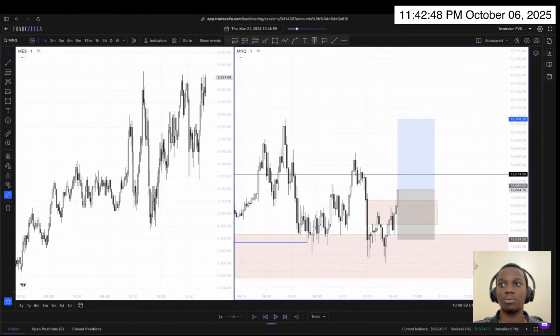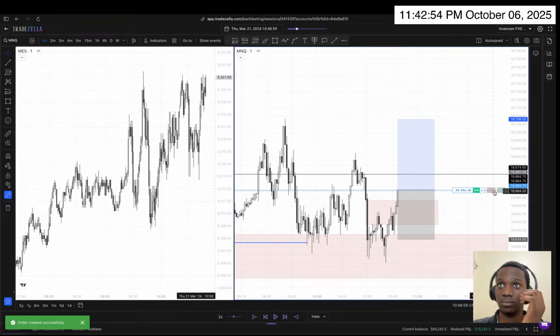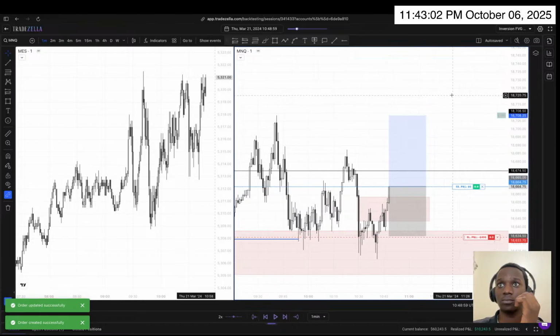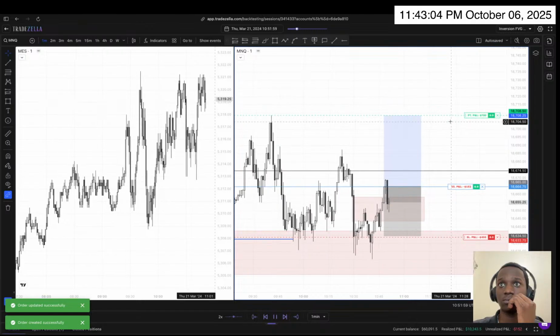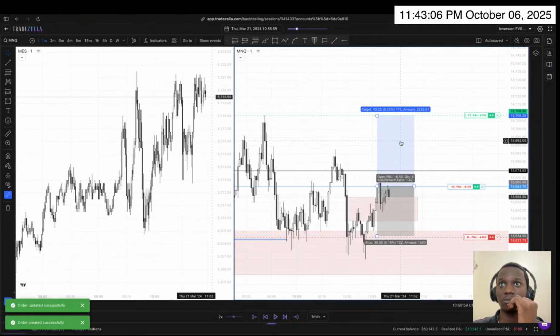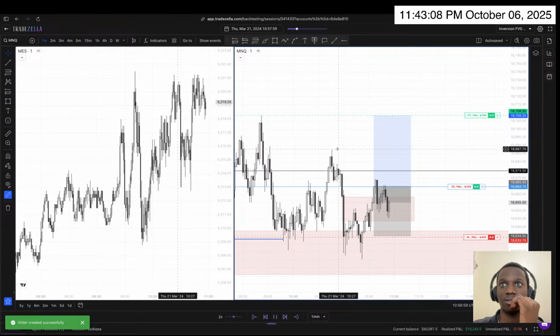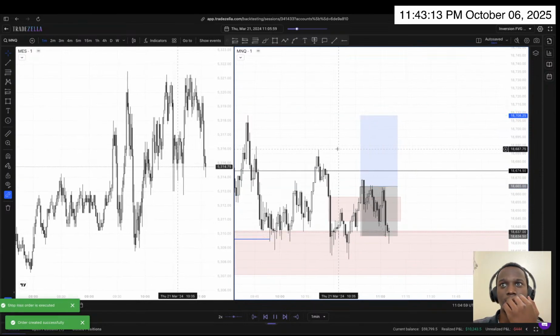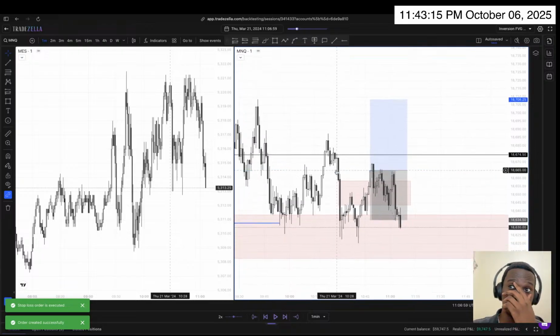So this will be 8 handles. If we cross above this high, then that's a break even. Got stopped out right there.